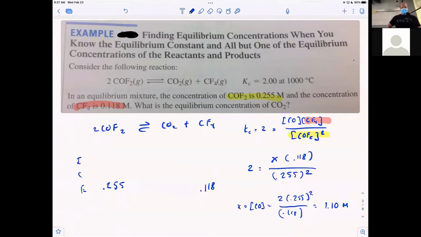If you have too many degrees of freedom and you don't have control over one of them, then you have no control of the system. So if we had this problem and we didn't know the concentration of carbon tetrafluoride, this problem would be impossible to solve.